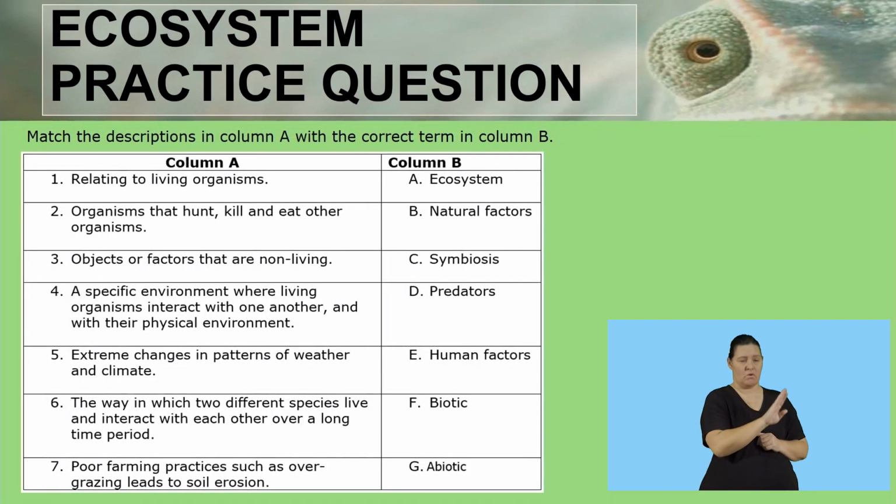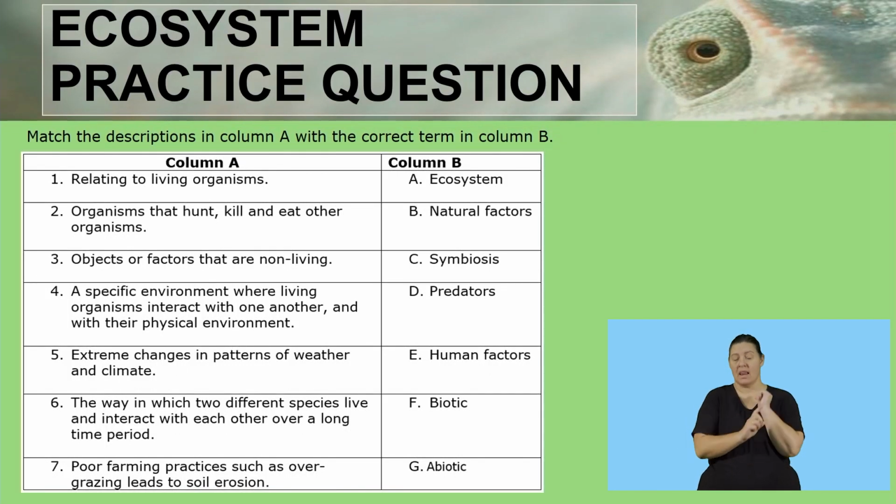Number 4, we have a specific environment where living organisms interact with one another and with their physical environment. For number 5, we have extreme changes in patterns of weather and climate. Number 6 is the way in which two different species live and interact with each other over a long period.